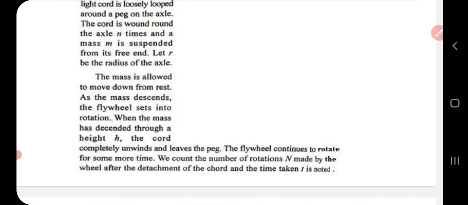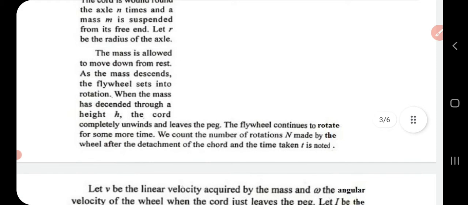That is, the mass is allowed to move down from rest. As the mass descends, descends means as it falls down, the flywheel will be set into rotation. When the mass has descended through a height h, the cord will completely unwind and leave the peg. The flywheel continues to rotate for some more time. We count the number of rotations n made by the flywheel after the detachment of the cord and the time taken t is noted.